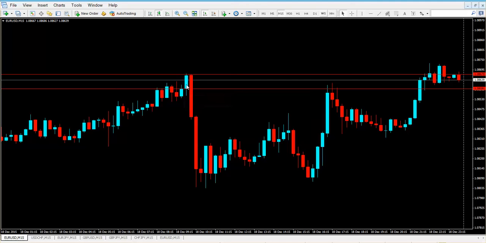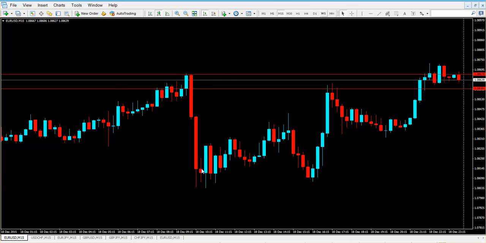The blue candle body is just where it opened and closed. Again, this is a 15-minute candlestick. Let's say that it closed at 10 a.m. Friday morning. Then this candle opened at 10 a.m. and closed at 10:15. This candle opens at 10:15 and closes at 10:30.